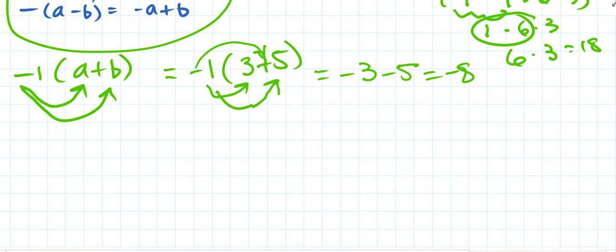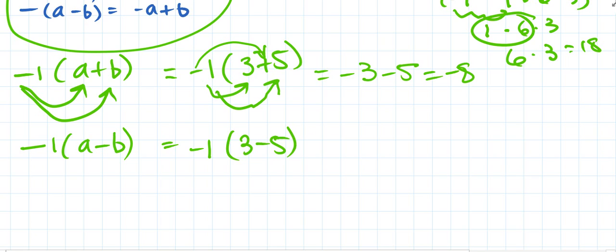If you take negative 1 times a minus b, we're going to plug in numbers, negative 1 times 3 minus 5. Again, you could immediately subtract 5 from 3, and you would get negative 2. Negative 2 times a negative 1 gives you positive 2.